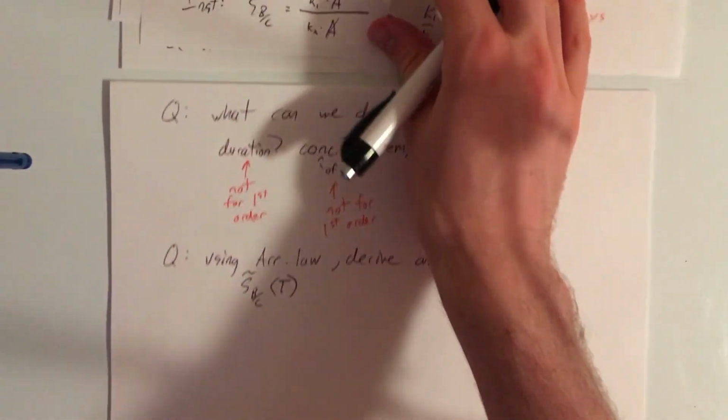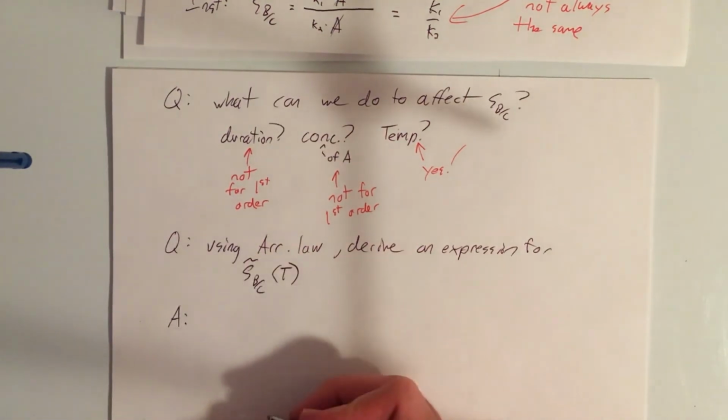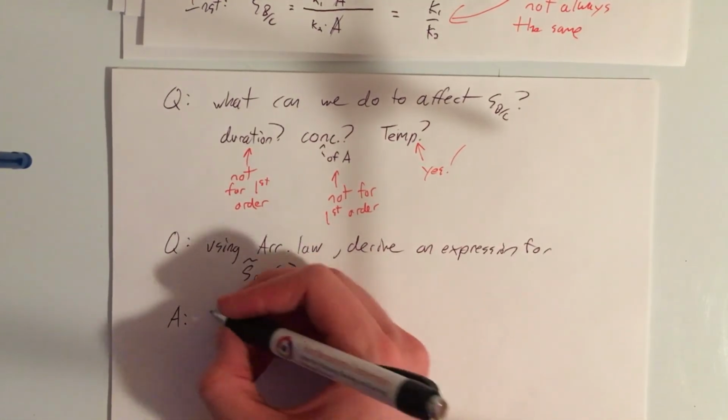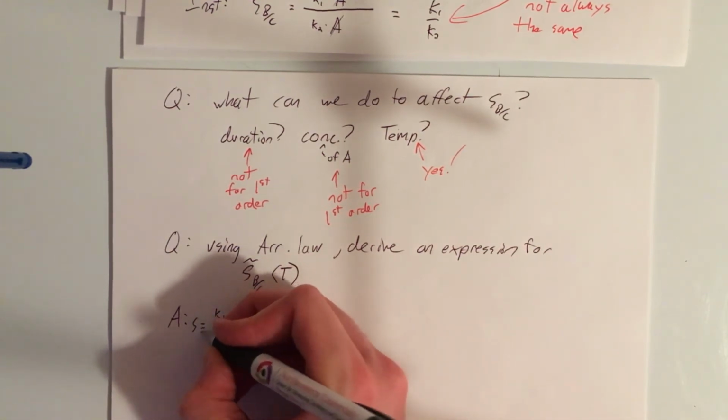All right, so pause the video and take a moment to do that. All right, so welcome back. The answer to that, well, if we use the Arrhenius law, we know K1 over K2 is our selectivity.